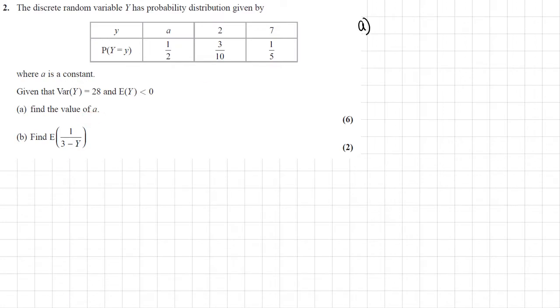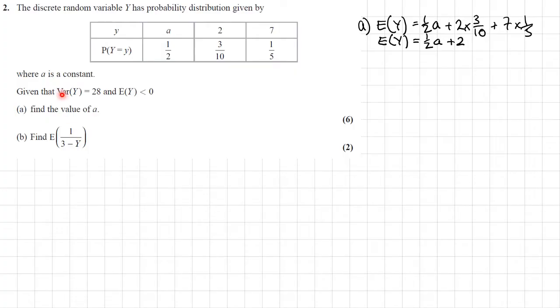So let's start by working out E(y) from the table, the mean of y. So that's going to be 1/2 times a, plus 2 times 3/10, plus 7 times 1/5. So that simplifies to E(y) is equal to 1/2 a plus 2.